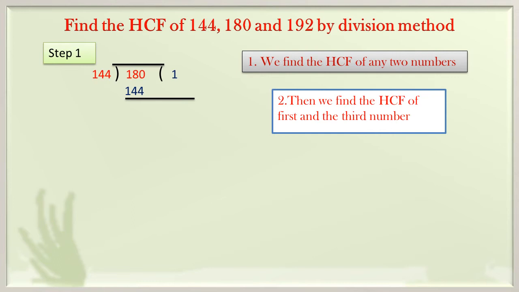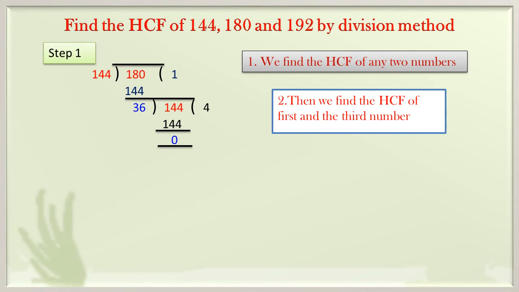So first rule, divide the greater number by the smaller number. So 180 is divided by 144. How many times do we have 144 in 180? We have only one time, so we write 144. Now we find the remainder, that is 36. So now the remainder becomes divisor and the divisor 144 becomes dividend.